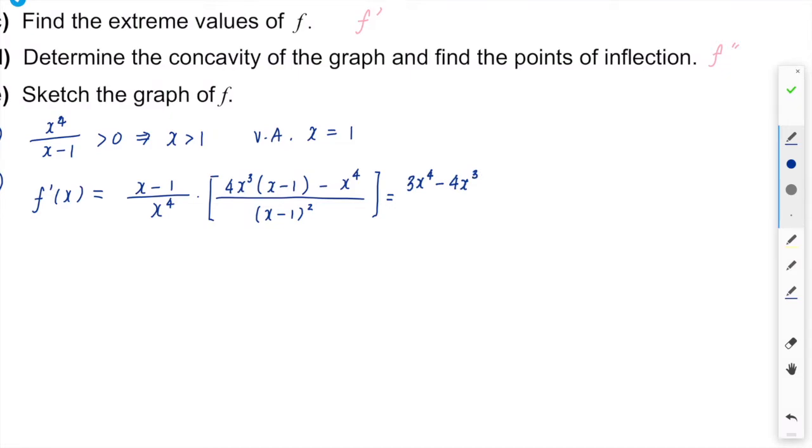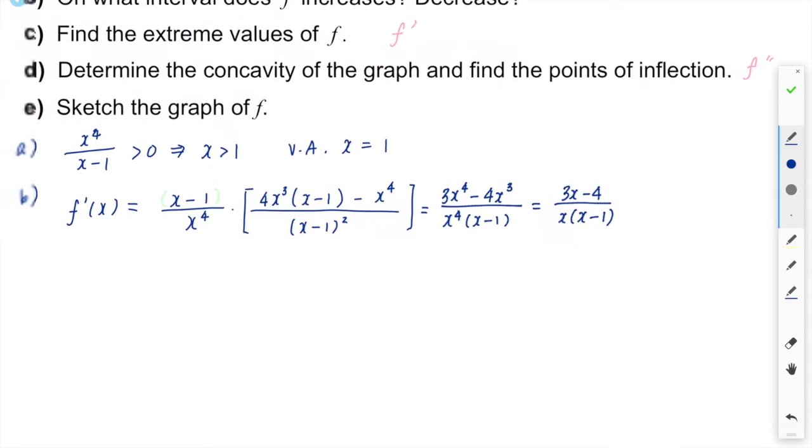Outside the brackets, I have x minus 1 in the numerator and x minus 1 squared in the denominator, which means that this is going to be x minus 1. And then x to the power of 4 goes here. I can reduce some of those powers of x, and I will get 3x minus 4 over x times x minus 1.